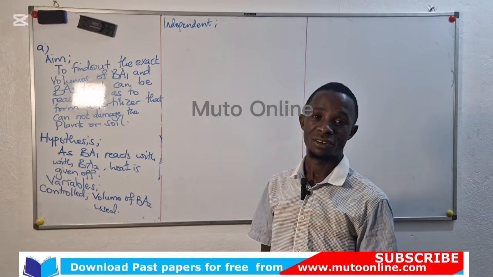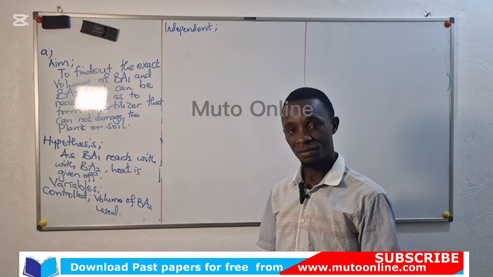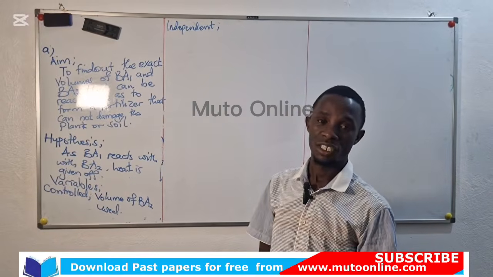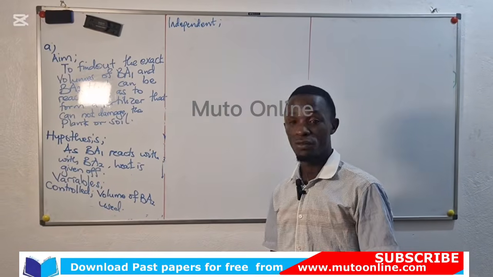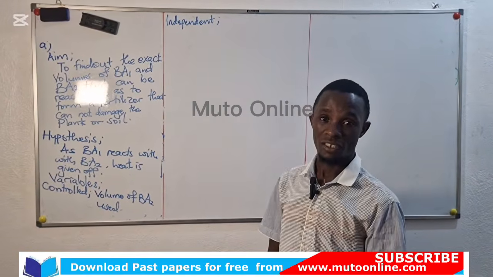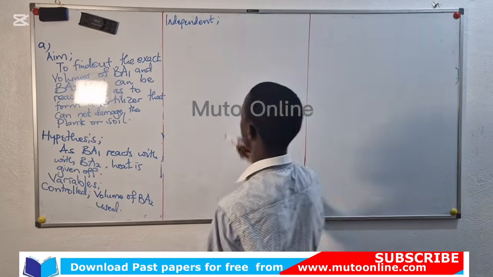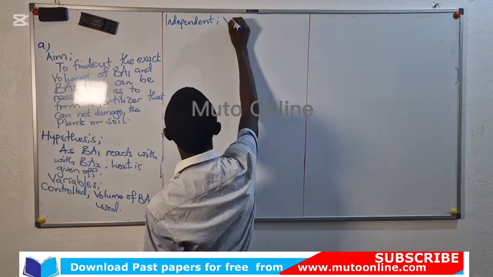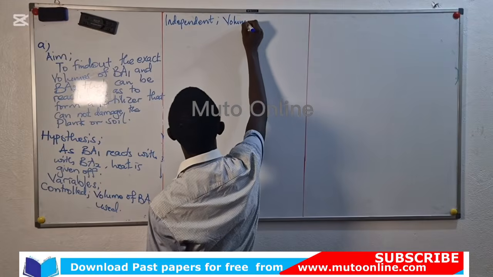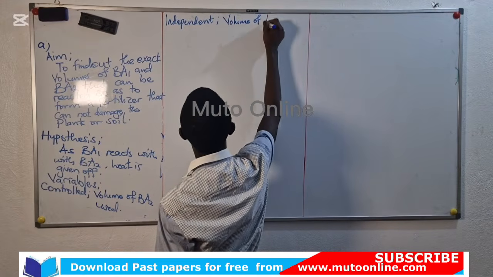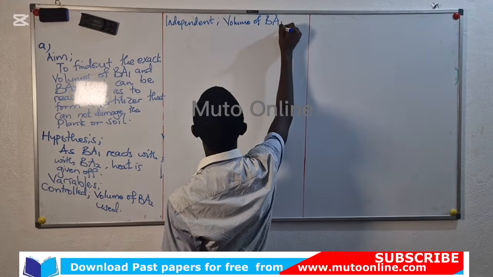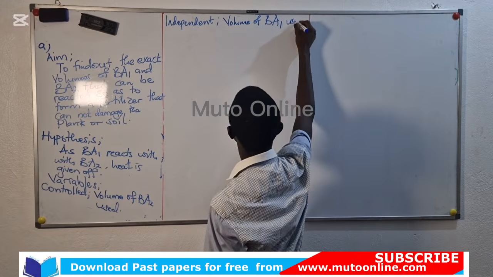We started with 0, we added some 5, recorded the temperature, we added more 5 to make it 10, we recorded the temperature. That means that the independent variable is going to be the volume of BA1, because this is the acid used.